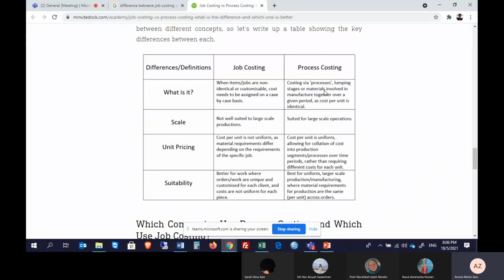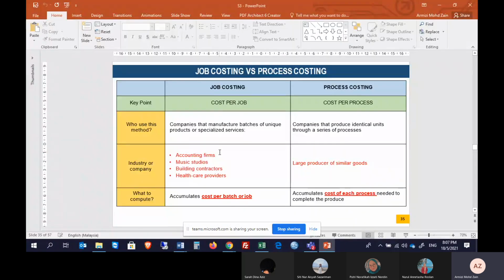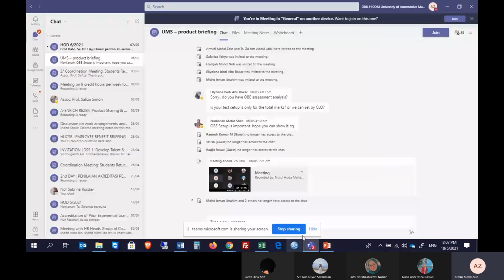So process costing goes through some processes, and then we calculate the cost for each process. It is suited to a large scale product operation. For example, like the examples just now, we have accounting firm, music studio, building contractor, healthcare provider.